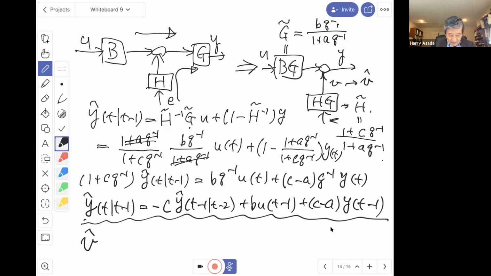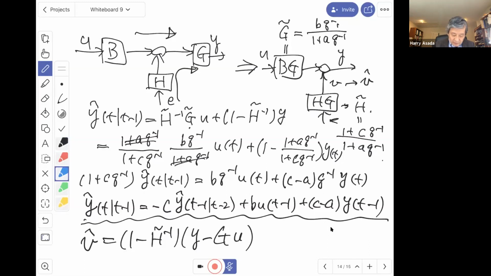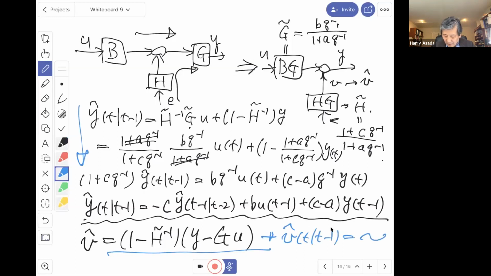So we obtained 1 minus h to the minus inverse times y minus gu. You can do the same thing as you did here, this process, and find the predictor, so that v hat t minus 1 is some function of your previous v t minus 1 and u t minus 1.